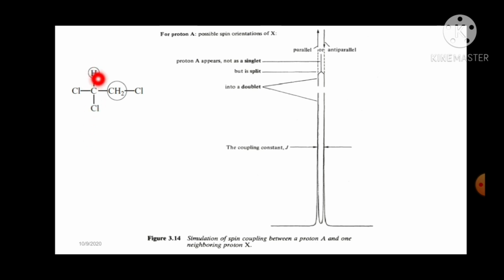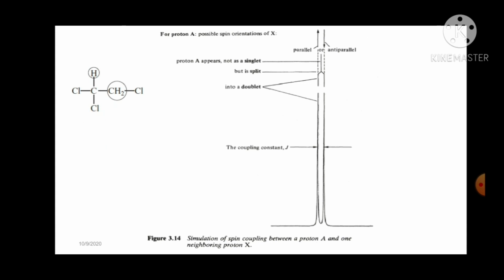This CH proton can either align itself with B0 or it can be anti-parallel, or diamagnetic, to the applied magnetic field B0. In fact, in reality it does both. It will be parallel to the magnetic field B0, and it can be anti-parallel to the applied magnetic field.